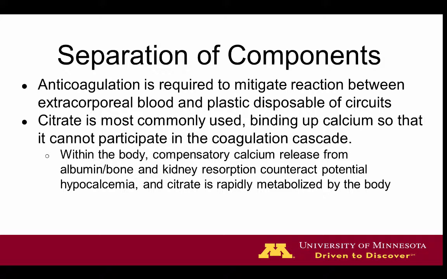The other potential anticoagulant is heparin, and that depends on the anticoagulant requirements, and specifically within children, since they have a relatively lower body size and lower blood volume, the amount of citrate would potentially be higher relative to the blood volume compared to an adult. So a combination of heparin and citrate might be necessary.